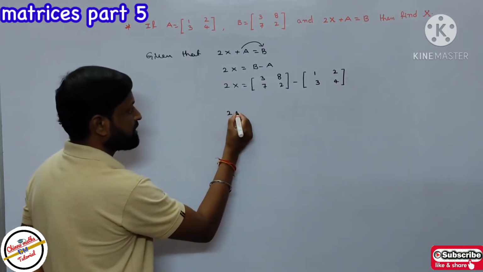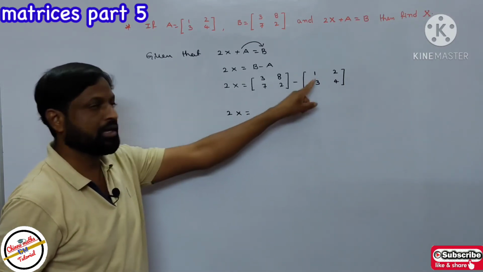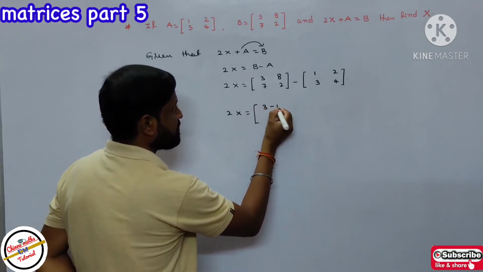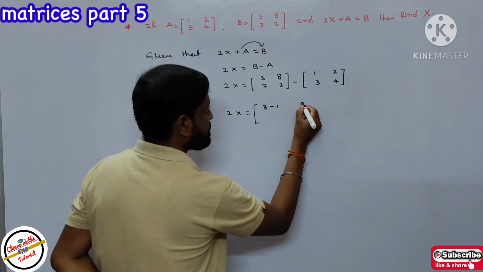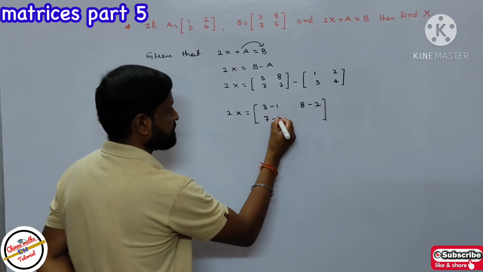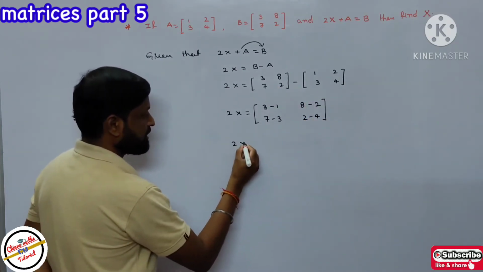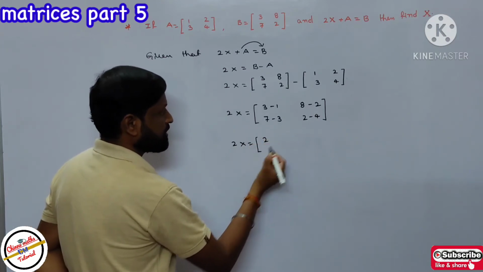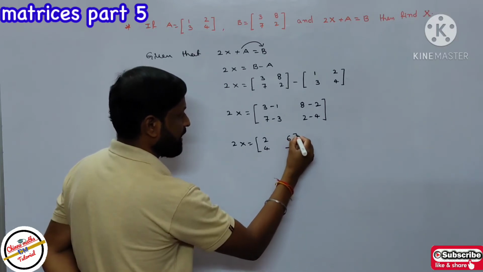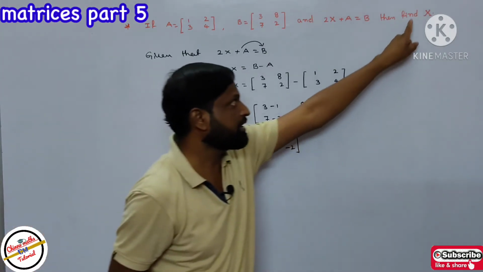Next, 2X equals the subtraction of the corresponding elements: 3 minus 1, 8 minus 2, next 7 minus 3 and 2 minus 4. So 2X equals [2 6; 4 minus 2].